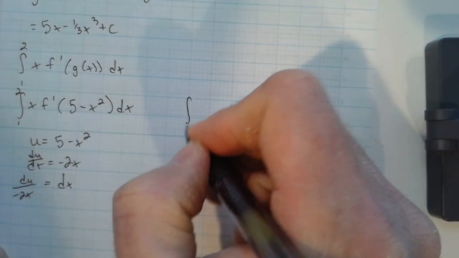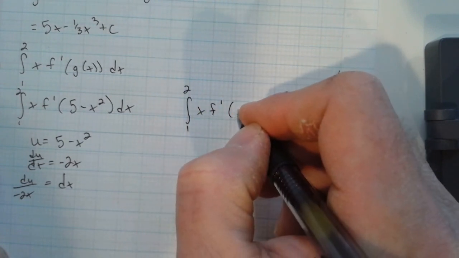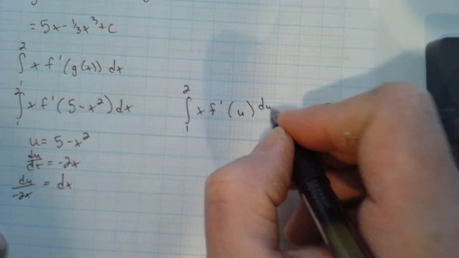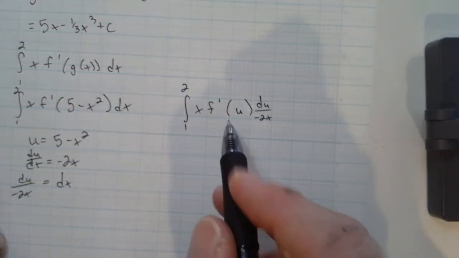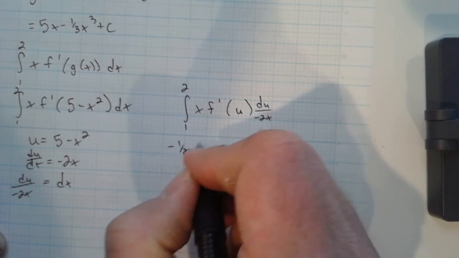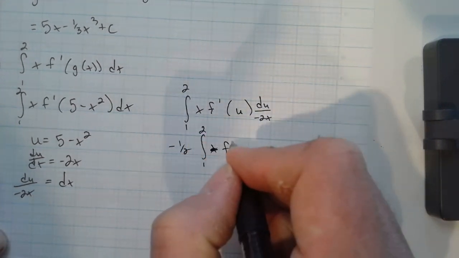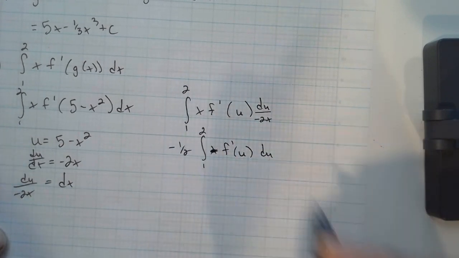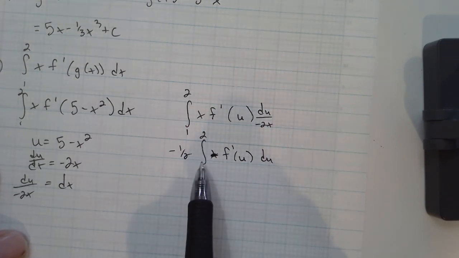So we're from 1 to 2, x f prime of u times dx, which is du over negative 2x. The x's cross off, we get a negative 1/2. So negative 1/2 integral from 1 to 2 of x, f prime of u du. All right, so we're evaluating in terms of u, but these are in terms of x.